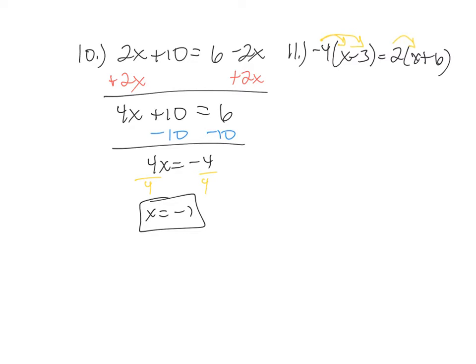I'm going to actually do that on both sides. So negative 4x plus 12. Really be careful with the negative 4 that you're doing negative times a negative. If you put minus 12 instead of positive or plus 12, obviously you're going to get the wrong answer.